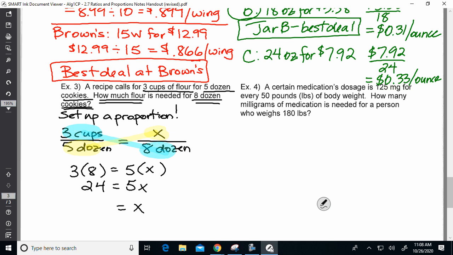X equals 4.8 cups. Word problems, it's perfectly okay for you to give decimal answers. 100% okay. Questions on example 3?